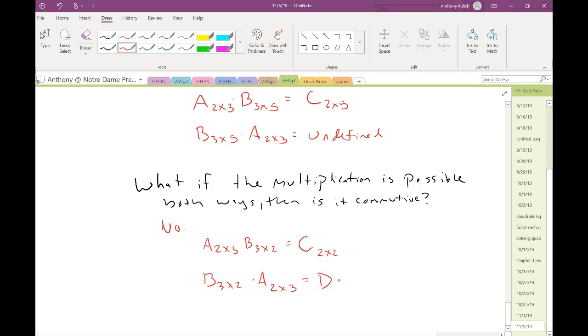What's that answer going to look like? 3 by 3. Can those two matrices be equal? Definitely not, right? Why can't they be equal? They have different dimensions, right? That's the first part of the definition for equal matrices. They have to have the same dimension. Well, duh. Okay.